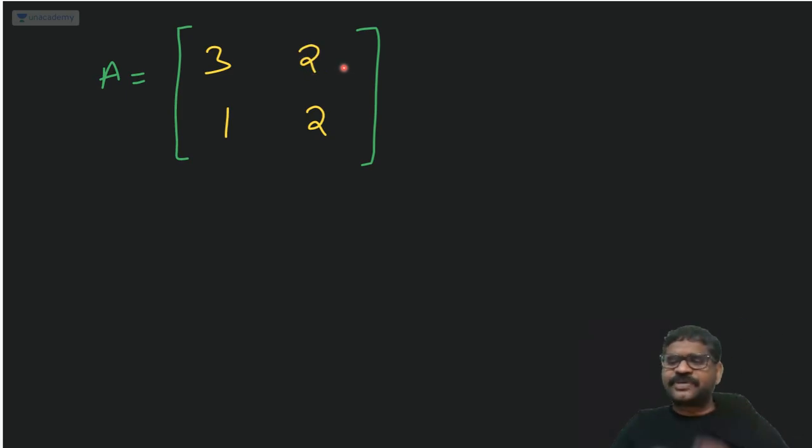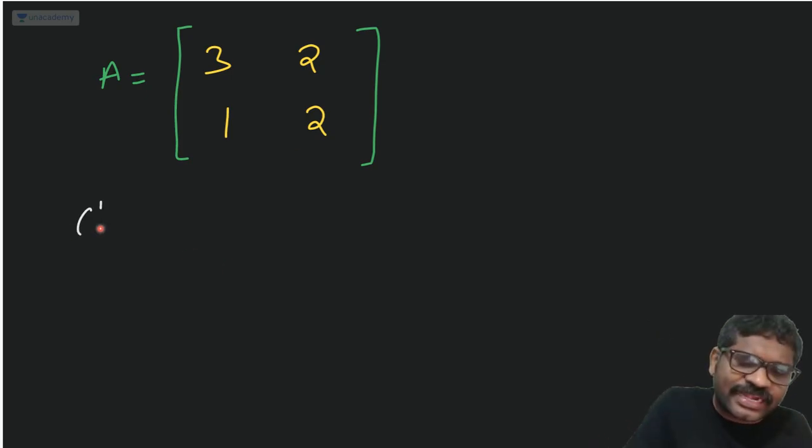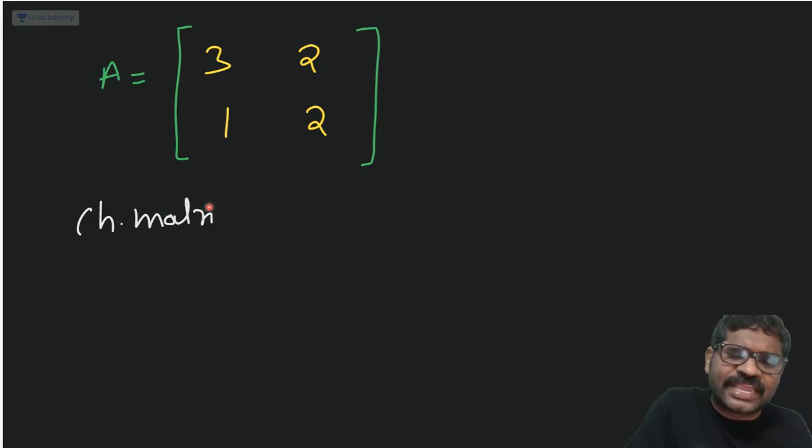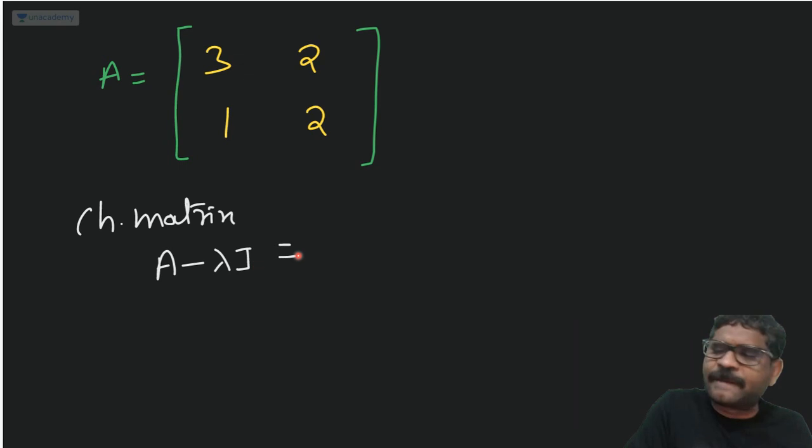First we have to find the characteristic roots. The characteristic matrix is A minus lambda I.